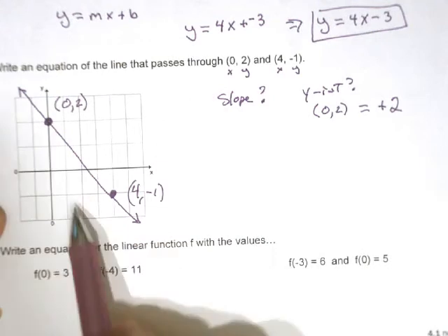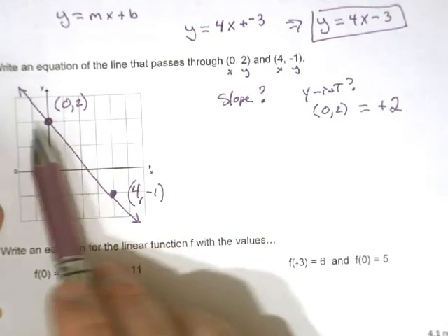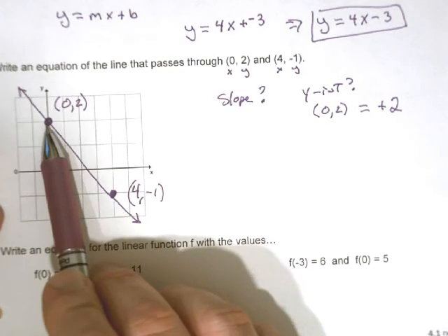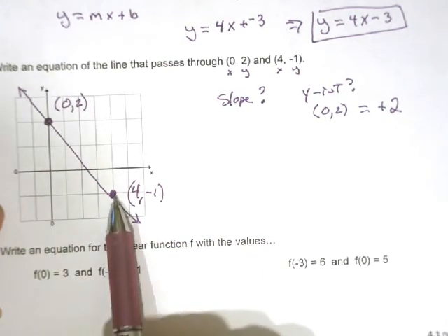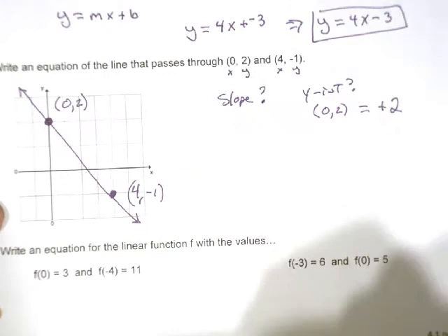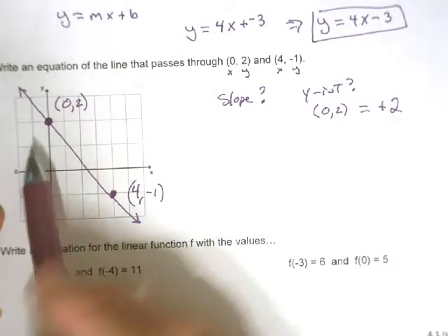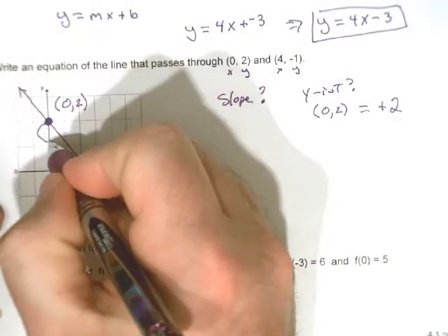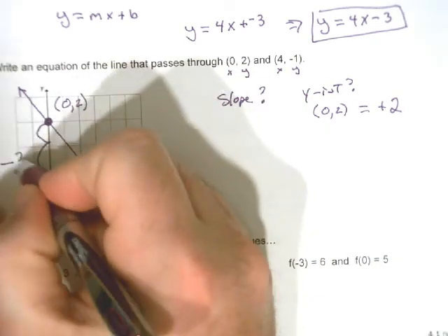Again, if you have a graph, you actually can count your slope, ladies and gentlemen. So count from one point. I'm going to start here at my (0, 2). How do you get to the other one? And remember, when you're counting your slope, it's your rise, so up and down first. So here, if I'm counting, I have a grand total of 1, 2, 3.